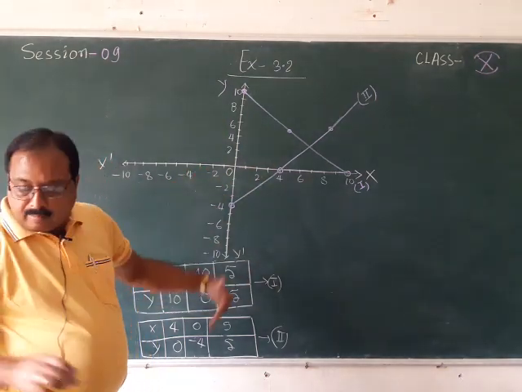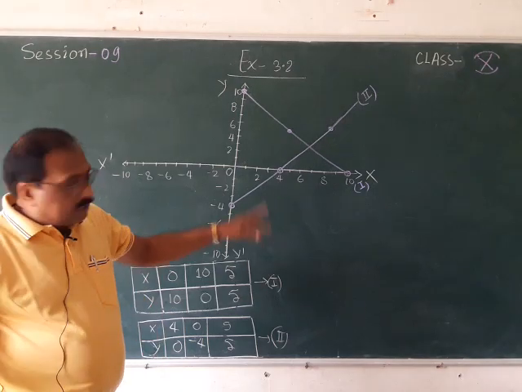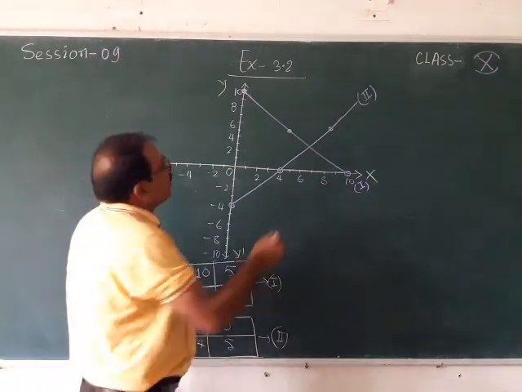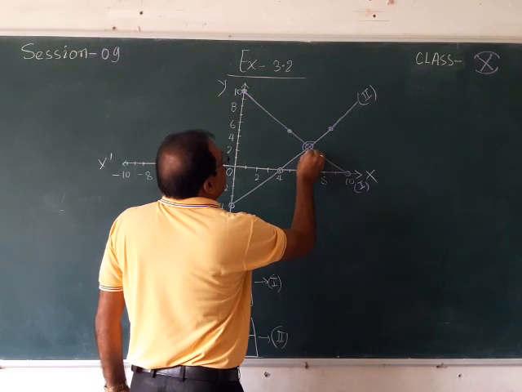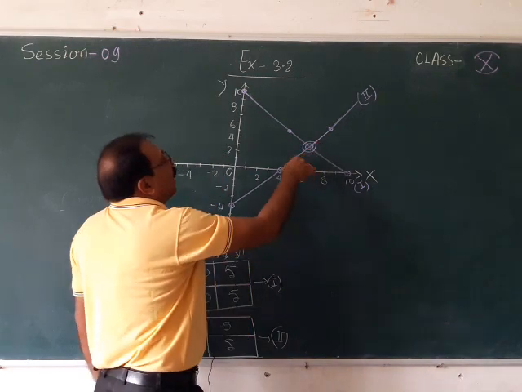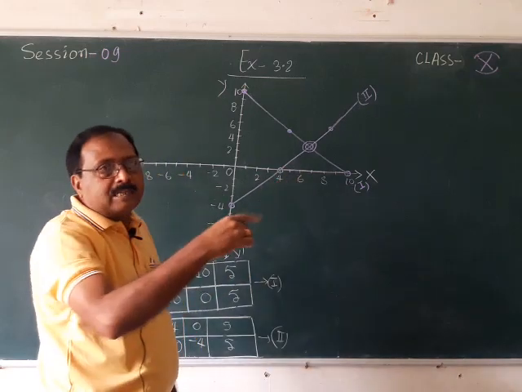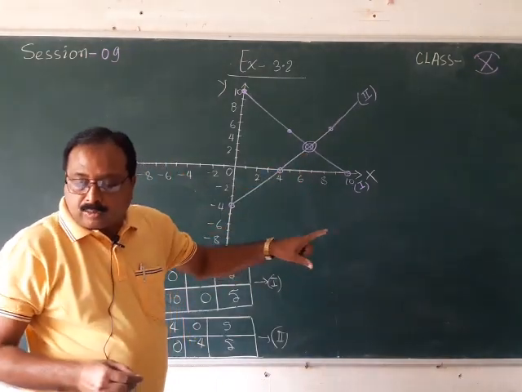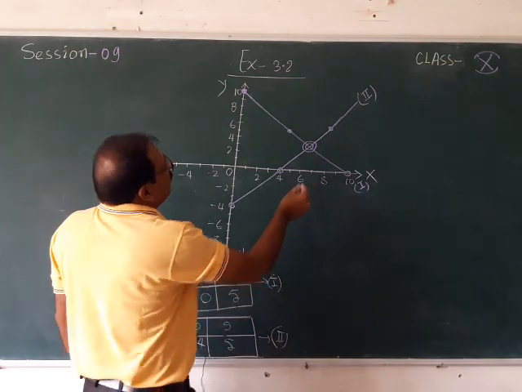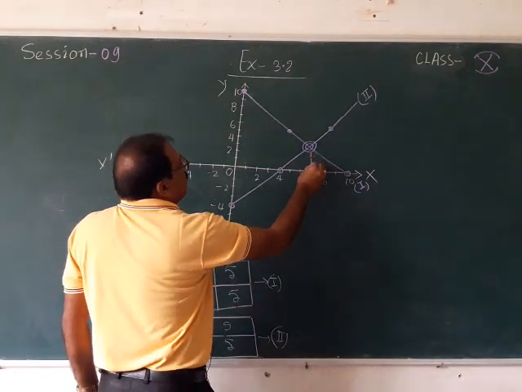Ultimately, whatever point of intersection I am getting for both the graphs, this is the solution set. I have given a double circle here so that you can understand this is the solution. So at which point it is intersecting, I can see it is intersecting here.